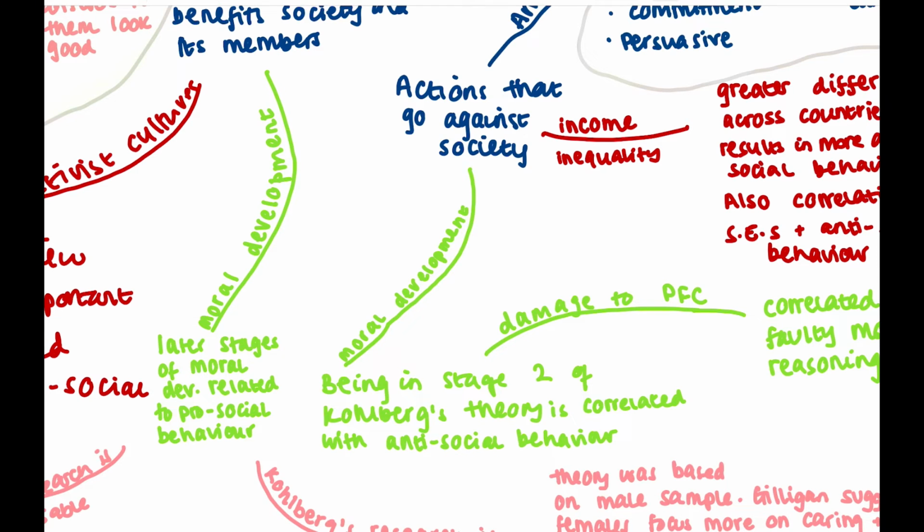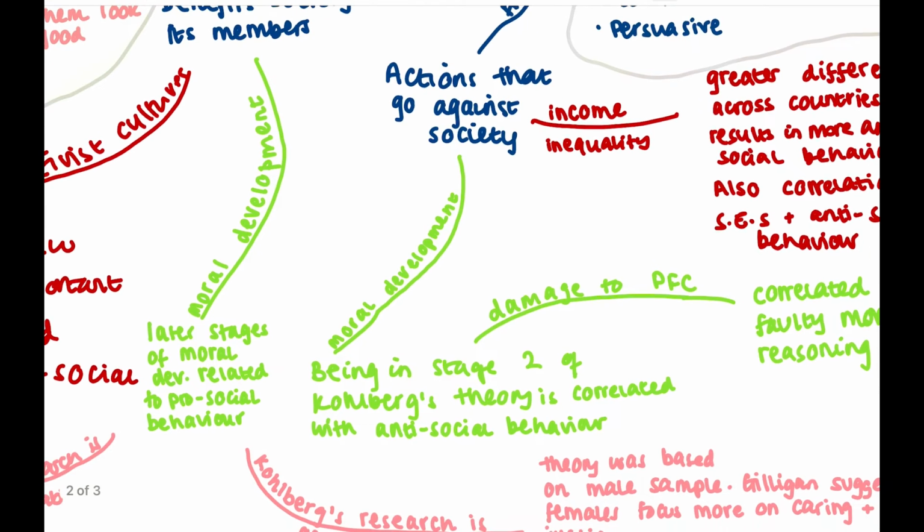So in stage 2, individuals are looking for anything they do for other people to be returned. So it's very egocentric, which means they are focusing on themselves only. So being in that stage 2, you're much more likely to show antisocial behaviour. Notice that it says correlation. Again, this is not causation. We cannot say for definite that being in stage 2 causes more antisocial behaviour, but it is linked with an increase.